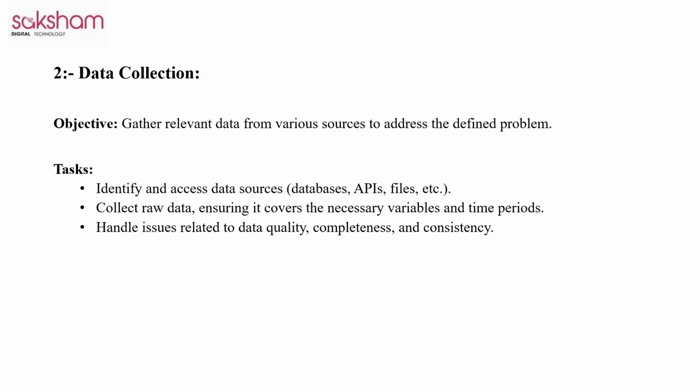You collect only raw data, any type of data, ensuring it covers the necessary variables. If we are working on sales data, you require the profit amount. So these are some different types of variables we require in data science to process the data. So ensuring it covers all the necessary variables, this is our task.